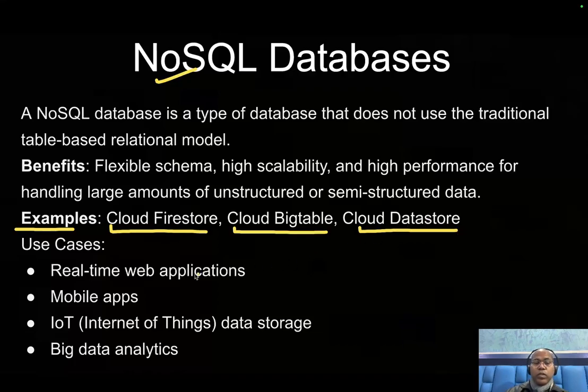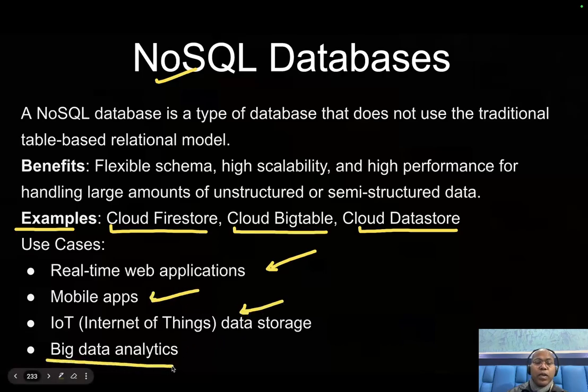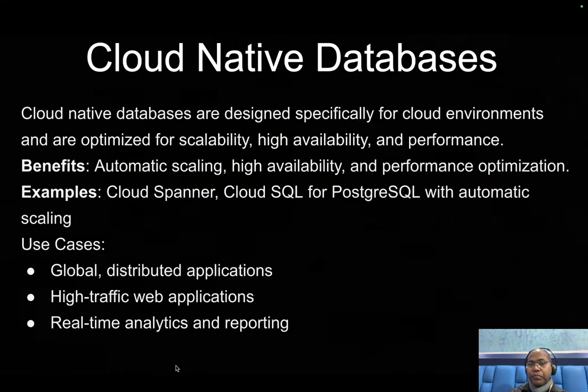And if you talk about use cases, really any real-time web applications, mobile applications, IoT device applications, or big data analytics kind of things. NoSQL databases are more suitable where you want your application to be highly available and to have a flexible schema.